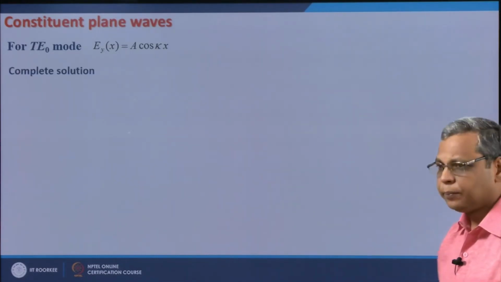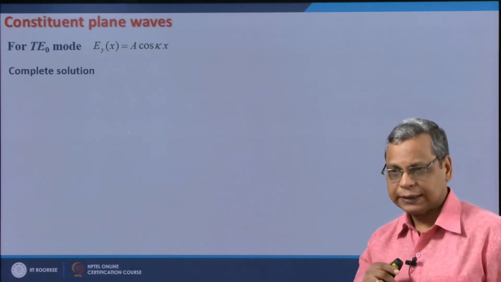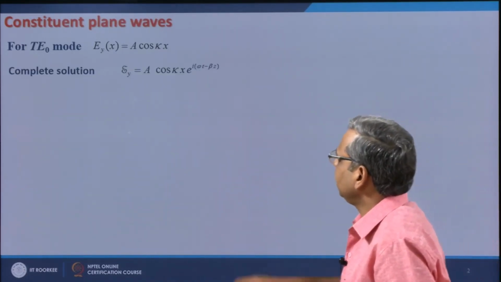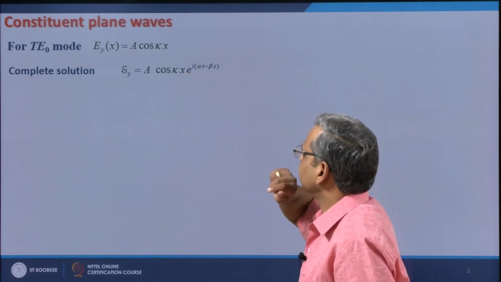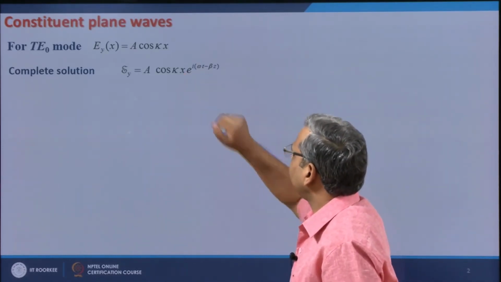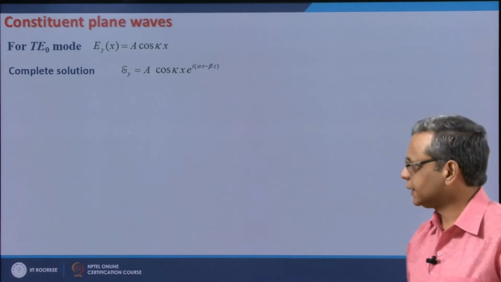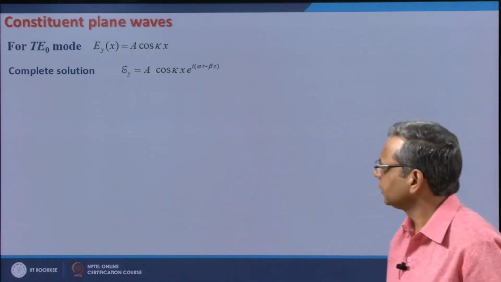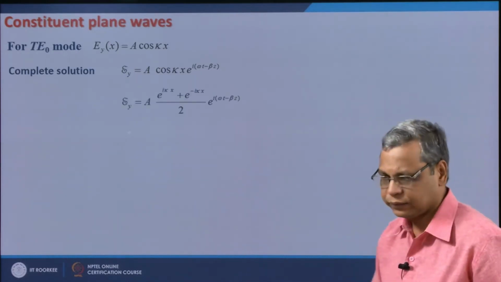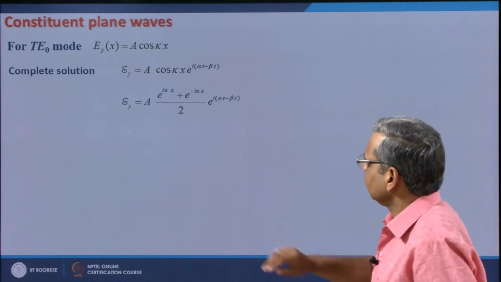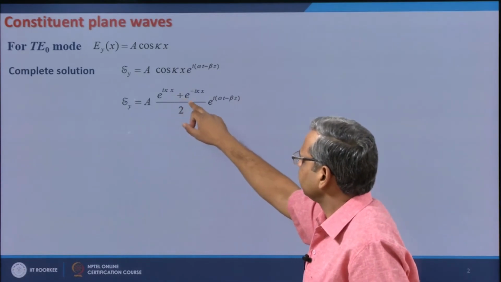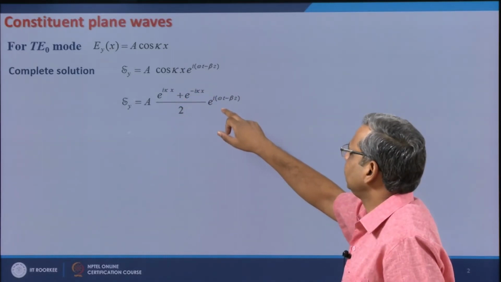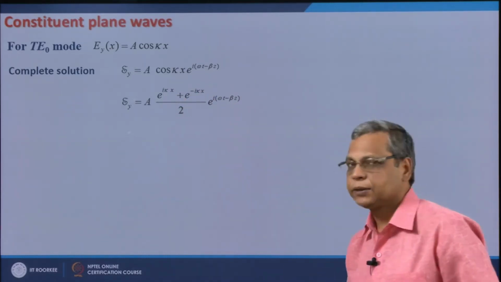If I write down the complete solution, that is the z part and t part also, it would be a cosine kappa x e to the power i omega t minus beta z. Let me expand this cosine kappa x in the same way as I had done for the planar mirror waveguide. So, it is e to the power i kappa x plus e to the power minus i kappa x divided by 2 times e to the power i omega t minus beta z.